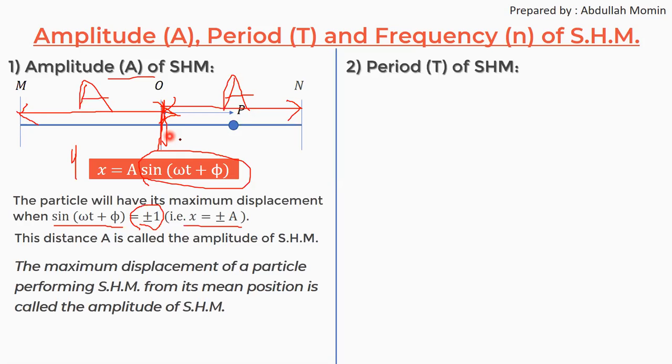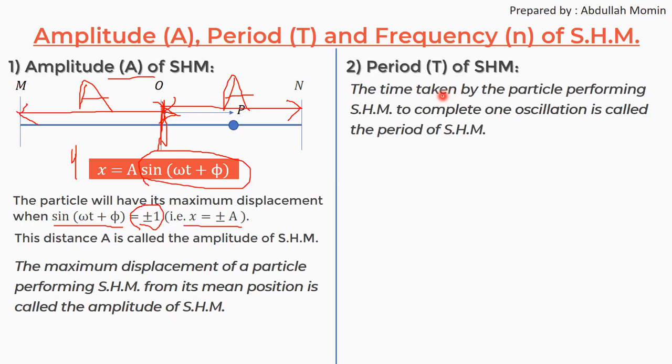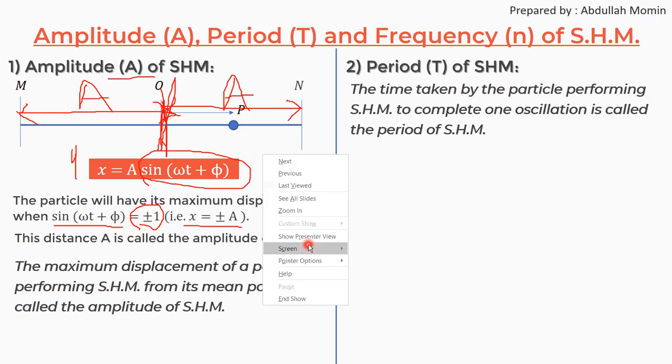Now next, period of SHM. The time taken by the particle performing SHM to complete one oscillation is called the time period. Now suppose the particle has started its motion from the mean position.